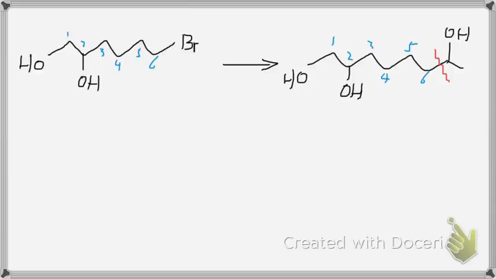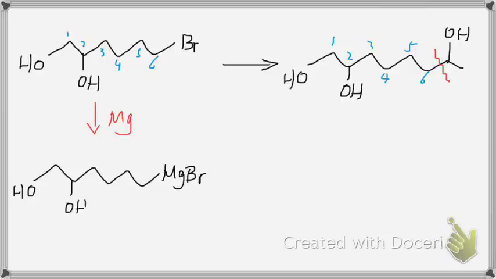So if we break the bond indicated here, on one side we need the alkyl halide, which is exactly the alkyl halide we have as a starting material. On the other half, we have the OH containing part. And remember, you want to convert that to a carbonyl, right? So the strategy here, we can convert the alkyl halide to the Grignard reagent.